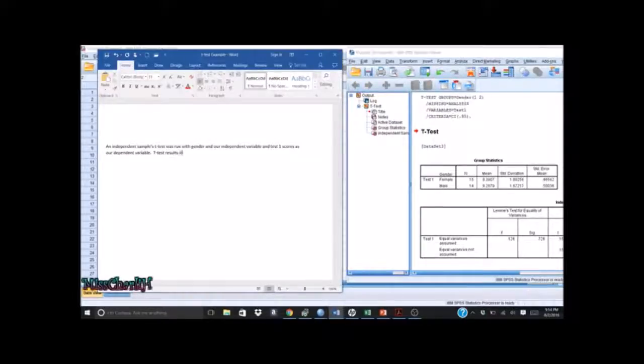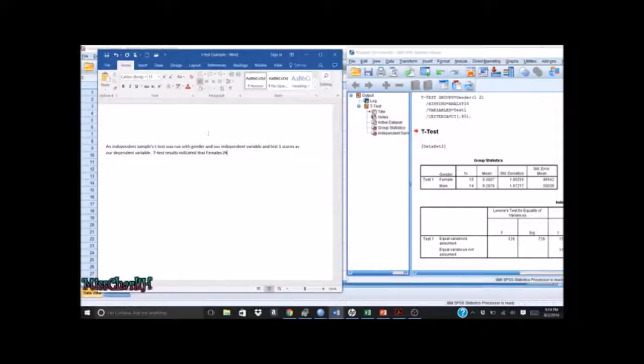T-test results indicated that, and now I want to put my groups, this is where I'm going to add my descriptive statistics, that females, and I need to put the number of females.